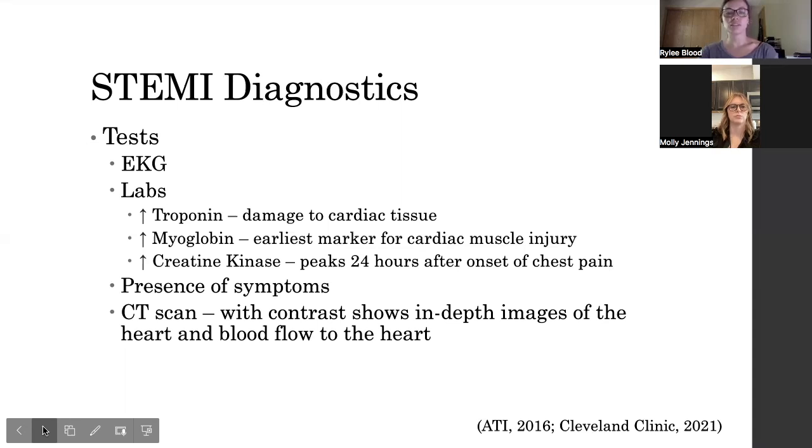But this does show in-depth images of the heart and blood flow of the heart with contrast. This may be done if the person presents with symptoms that may not directly point to a heart attack, and they could see that through the CT scan as well.